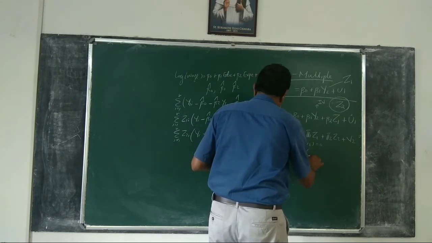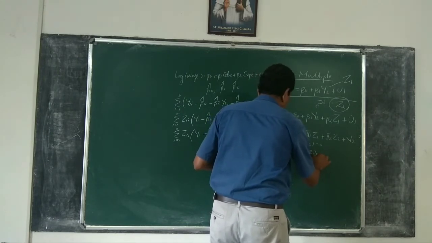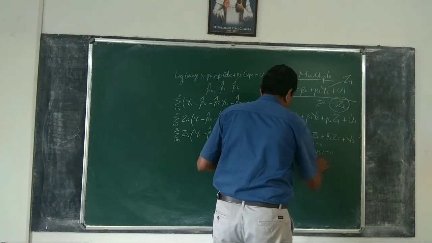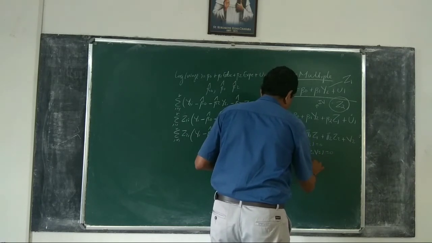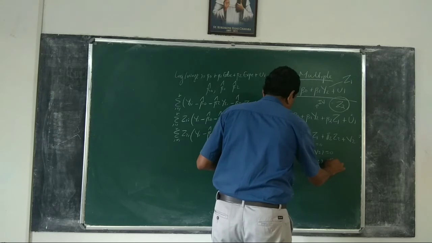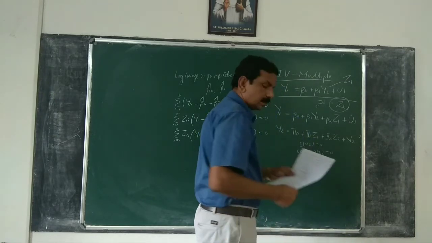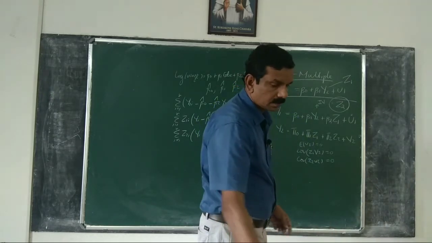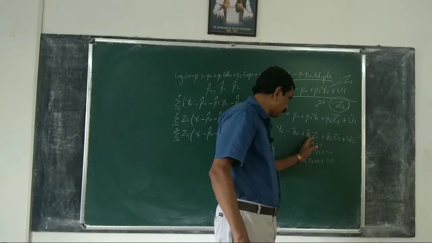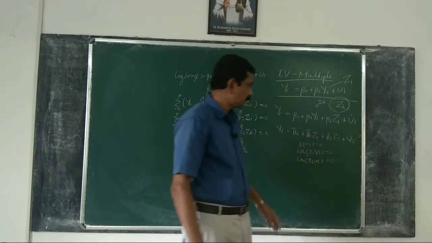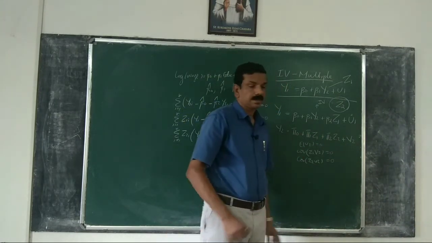covariance of z1 and v2 equal to 0, covariance of z2 and v2 equal to 0, where these pi 0, pi 1, pi 2 are unknown parameters.